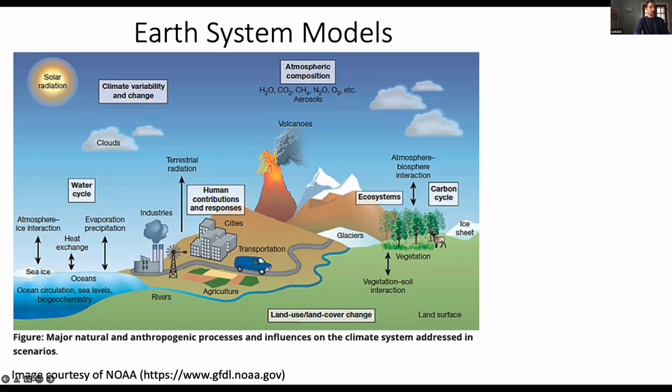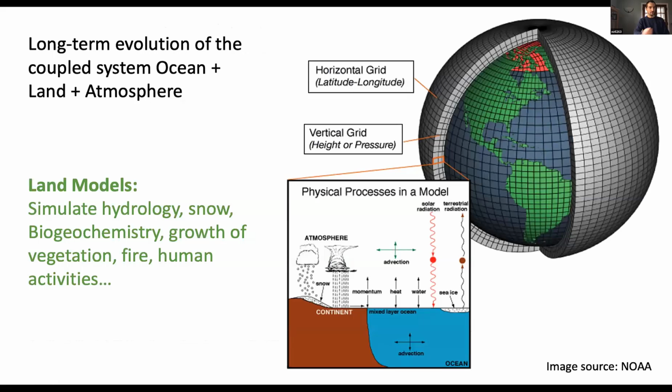And so to solve the problem, the state-of-the-art models that we use are computer models which describe ocean, land, and atmosphere. So we can think of these as separate components. We have a computer model for the atmosphere, a computer model for the ocean, and one for land. And we can see that the Earth, so atmosphere and land and ocean, are discretized in grid cells.